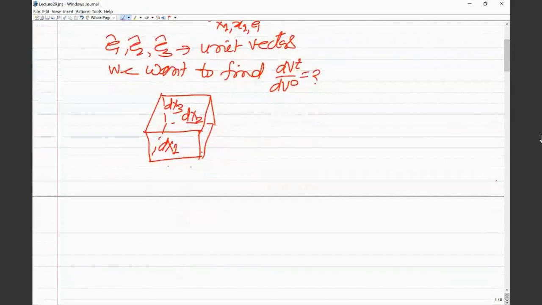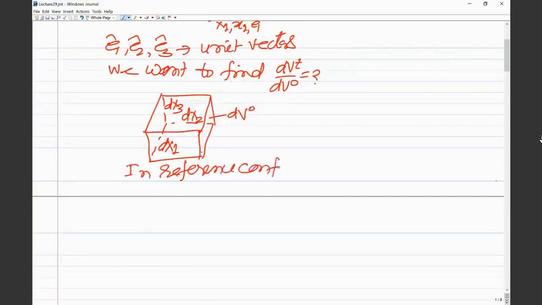The volume of this cuboid is dV naught. This is in the reference configuration at t equal to 0.